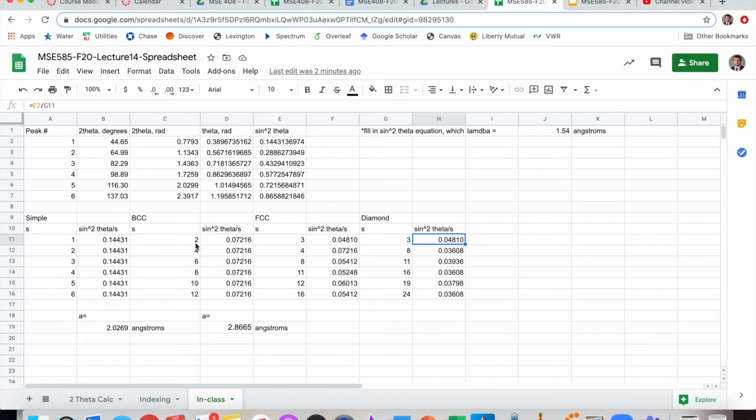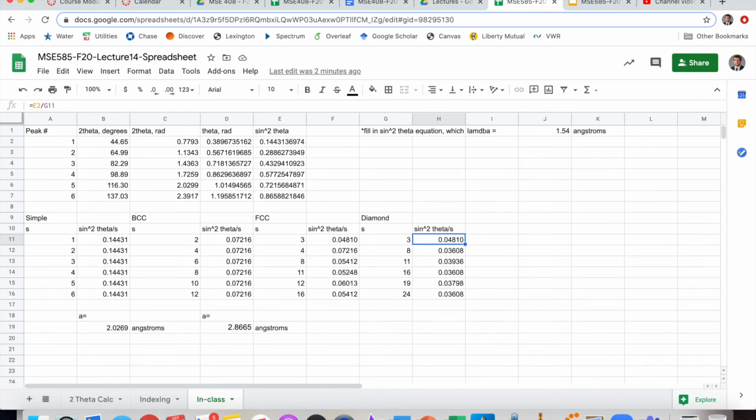For BCC, we've got 2, 4, 6, 8, 10, 12, right? So this is just multiplied by 2. And so you can see why they're going to look the same. The differences don't really start showing up until much later in the sequence. So a lot of times you can't tell the difference between BCC and simple with only 6 peaks. So that's a frustrating part. So we know it's one or the other.